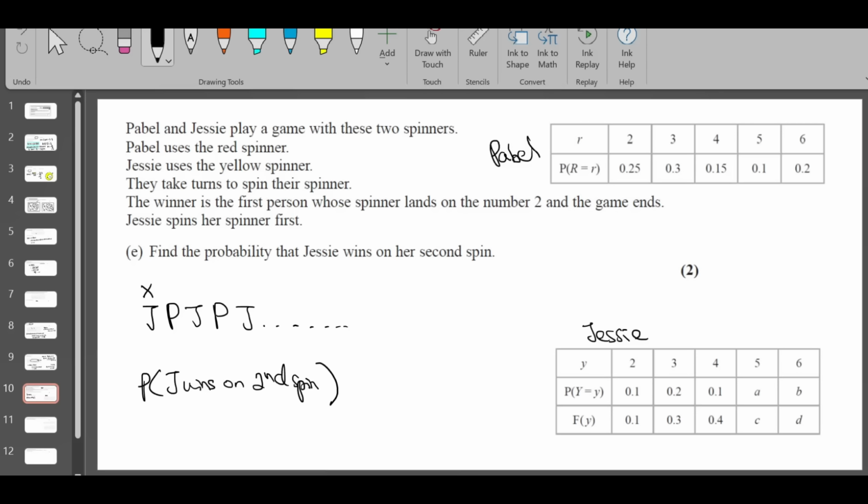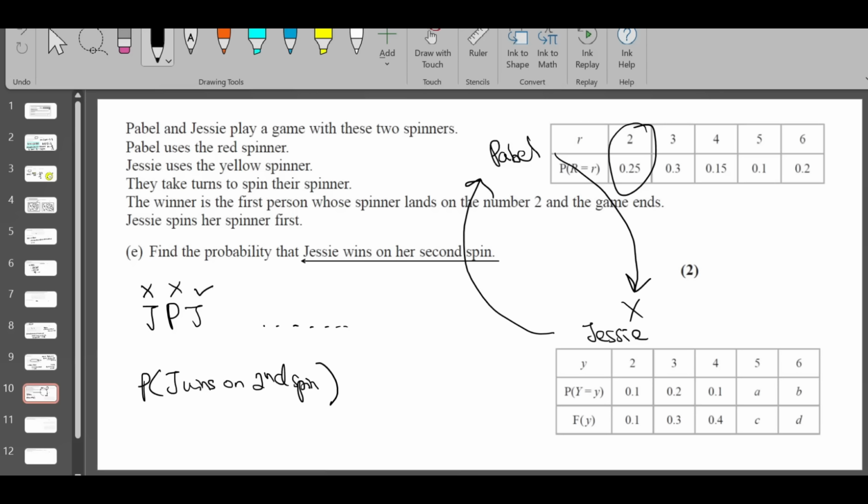So now it's Pebble's turn. He also did not win the game, because if his spinner lands on 2, he wins and the game ends. But the question clearly says Jessie wins on her second spin, right? So he also did not win. And then again it's Jessie's turn. Now she wins the game. That's what the question says. So we need to find the corresponding probability now.